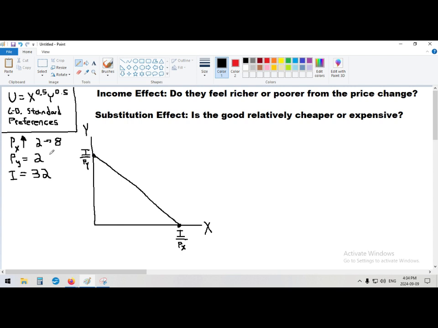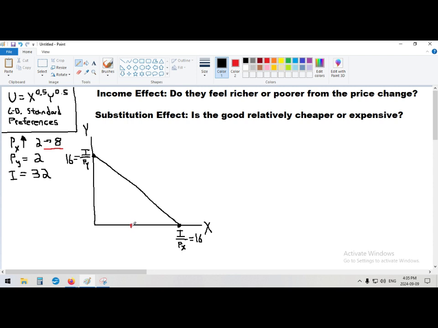So you can see here to start off, for X and Y, if we take 32 divided by 2, we get 16 for each of them. So that's the maximum amount the consumer can buy of each good, X and Y, to start. And then for the second part here, PX increases to 8. So that's going to take this point here, and it's going to be 32 divided by 8, which is going to be 4.